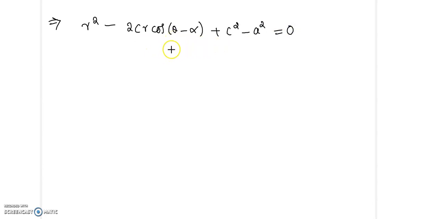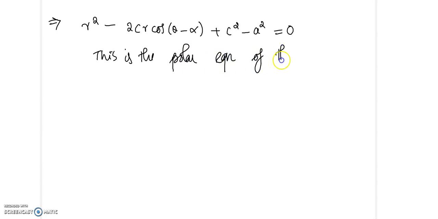So this is the required equation of the circle. So this is the polar equation of the circle. We get an equation involving r and theta and c, alpha and a. So this represents the polar equation of a circle.